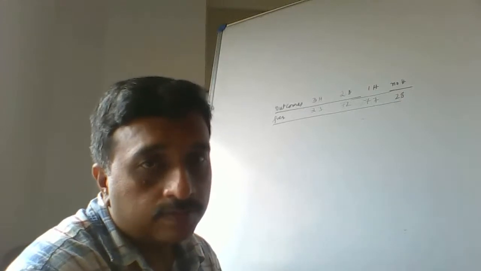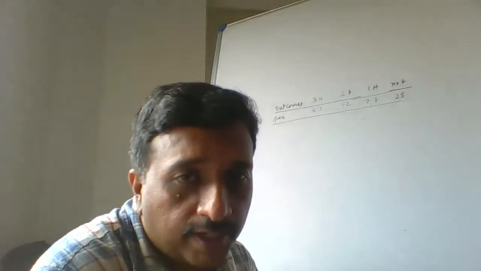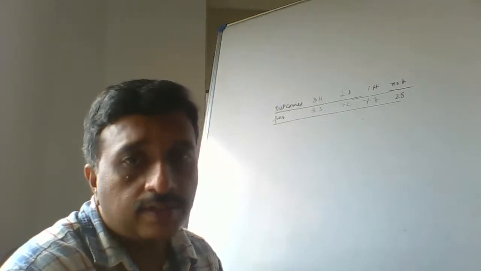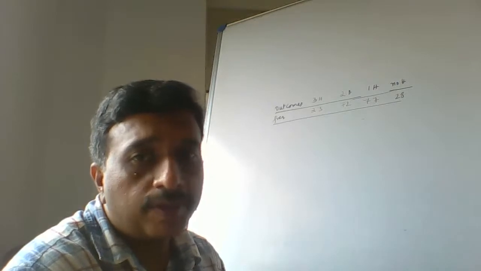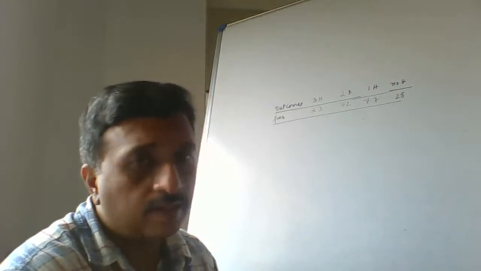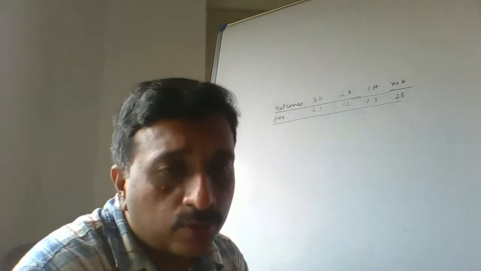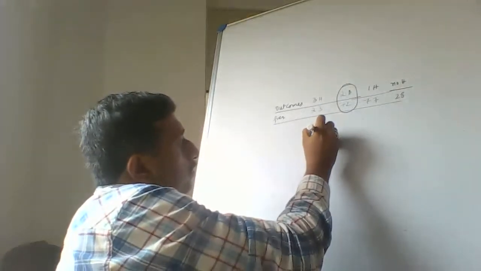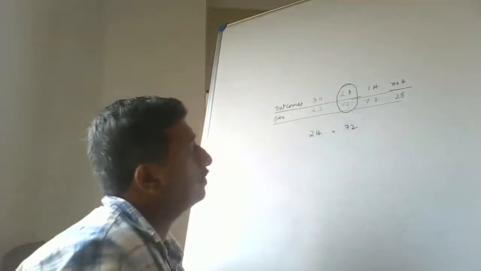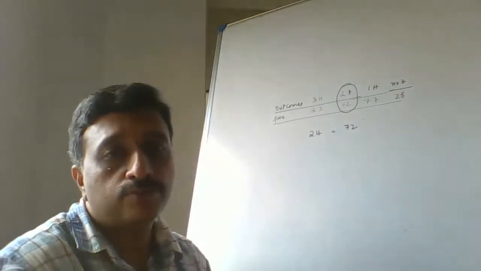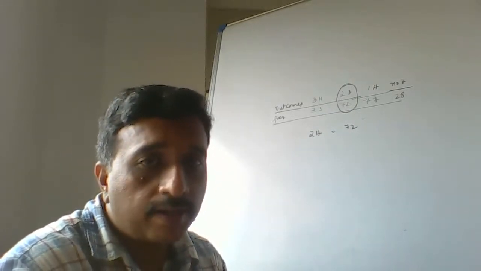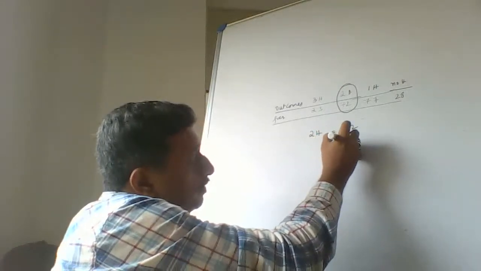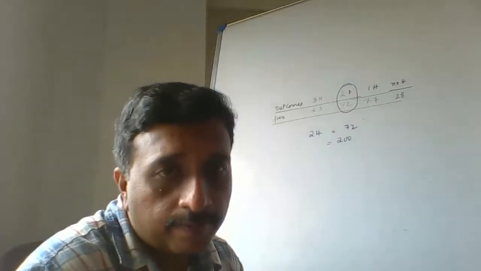Now let us see, if three coins are simultaneously tossed again, let us compute the probability of two heads coming up. Let's see how to do it. The number of times two heads came up is 72. How many total tosses have been done? 200.